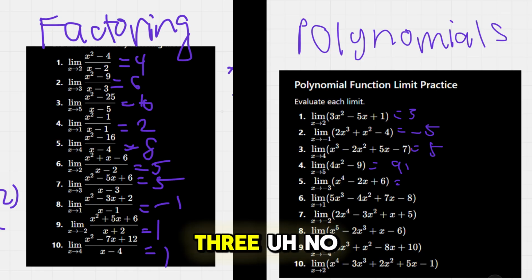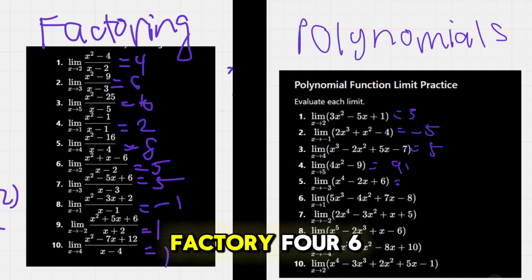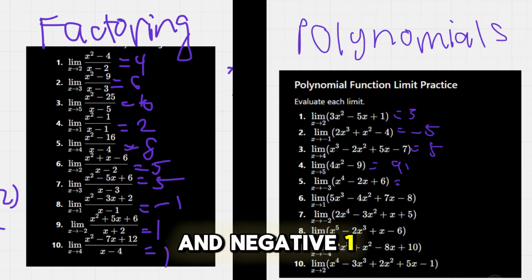So x minus 4 minus 3 is just 1. So that's going to be our answer for factoring.